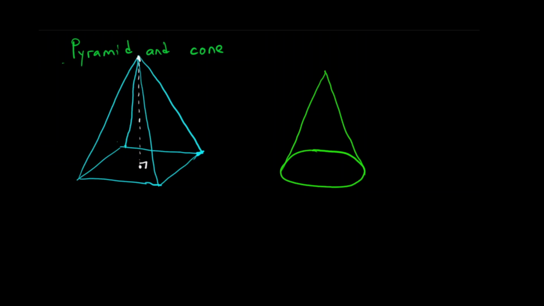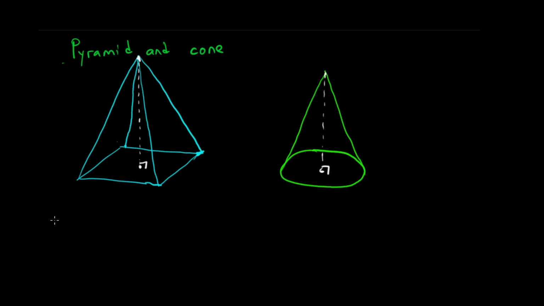Then for a cone again, we also have a perpendicular height. It touches the center of the circle, reaching it at 90 degrees like this. So that's a pyramid, that's a cone. So we have seen how our pyramid looks, and we have also seen how our cone looks.